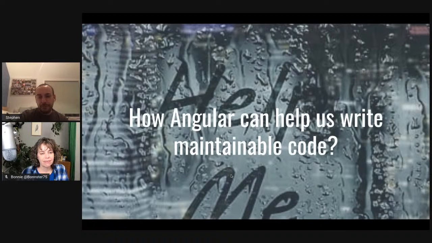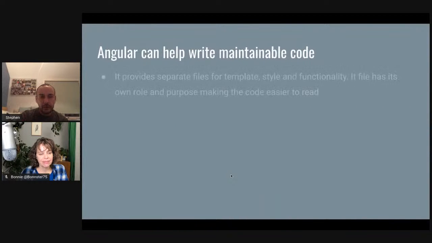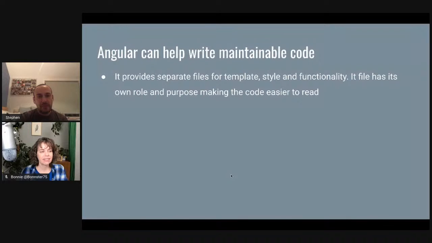Right, so how can Angular help us write maintainable code? Okay, so first thing is Angular gives us files for our templates, our styles, and functionality. So that's our HTML, our CSS, and our TypeScript. Separating everything out into each of those files makes it easier to see which bits do what.